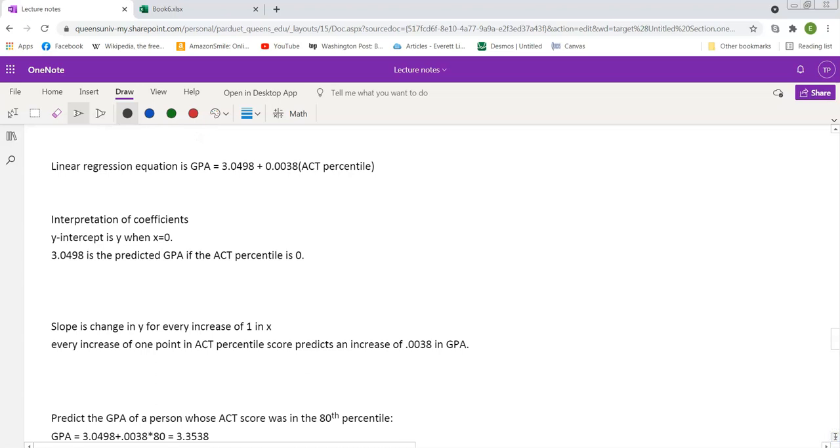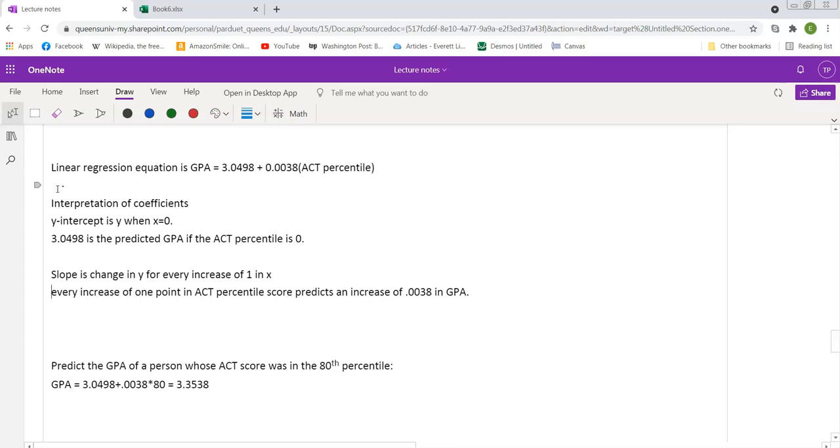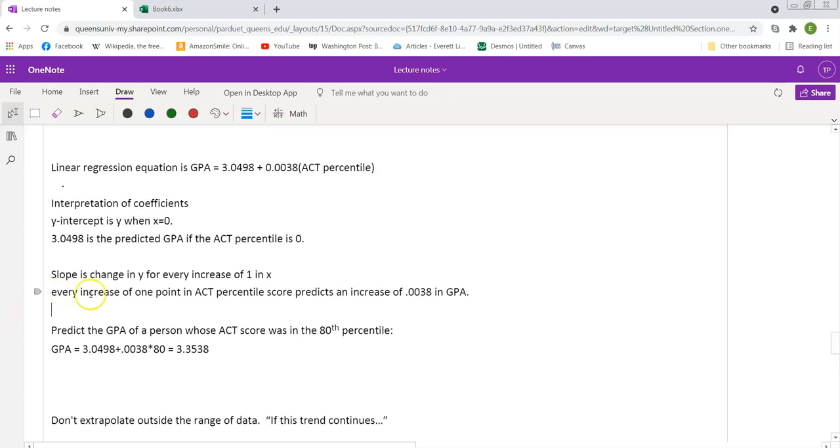Now, if we wanted to use this model, this equation, to predict the GPA of a person whose ACT score was in the 80th percentile, that's easy to do. All we have to do is plug that into the equation. So we've got this equation up here, and all we have to do is plug 80 in here if we want to predict for the 80th percentile.